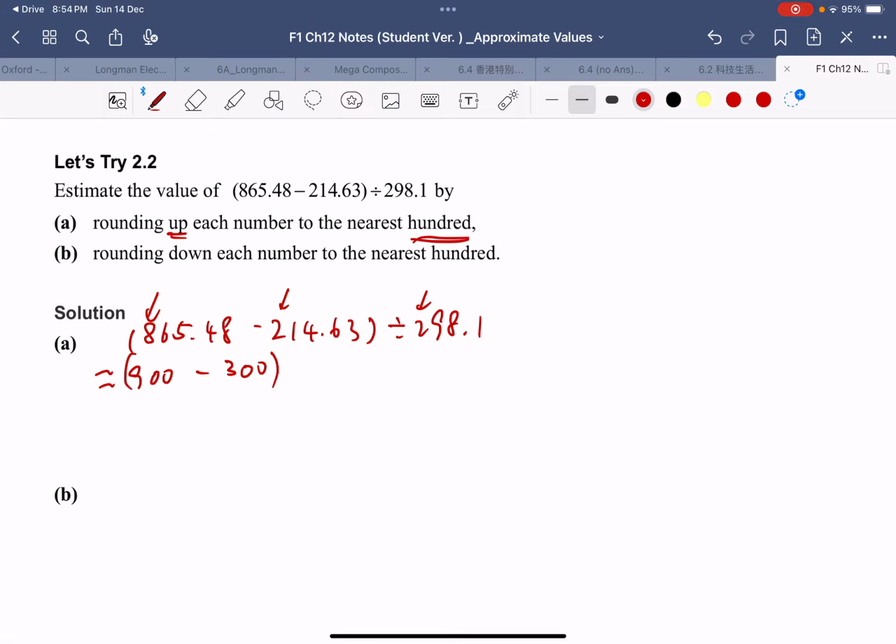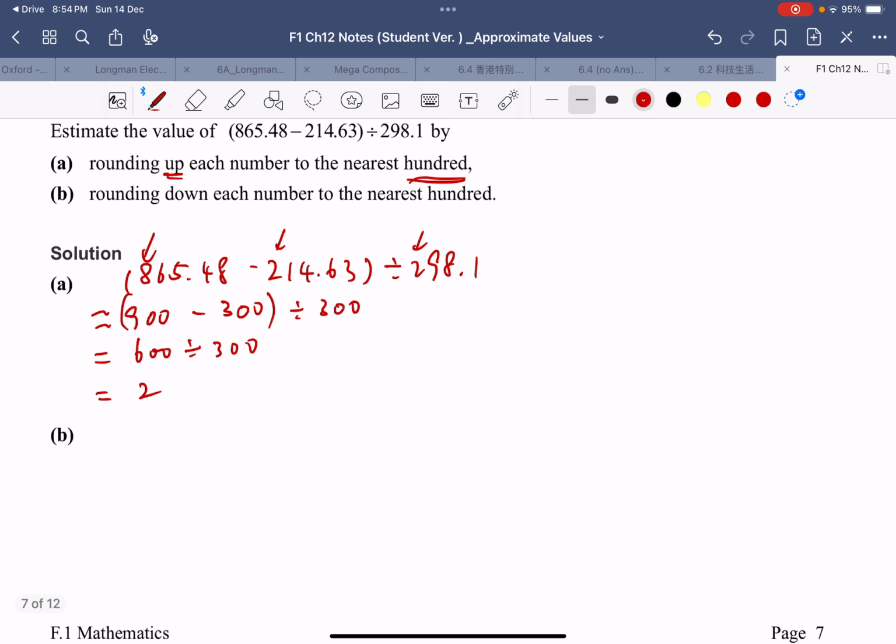And then bracket, divide 300, equal 600, 300, 2. Copy. Approximately equal to, again, down 100, 100. Go down, leave out the numbers.